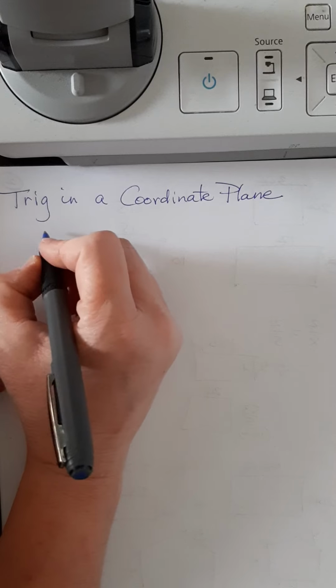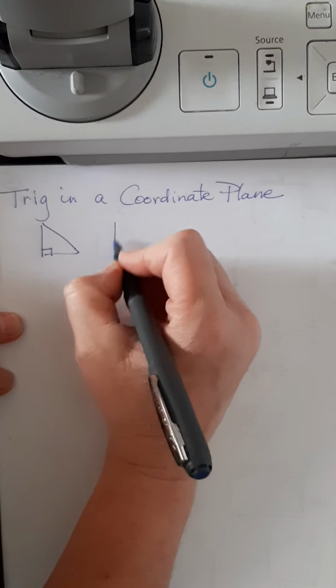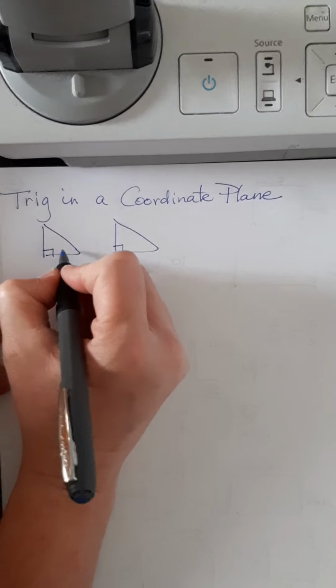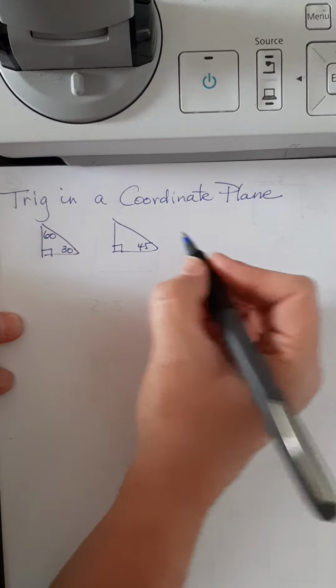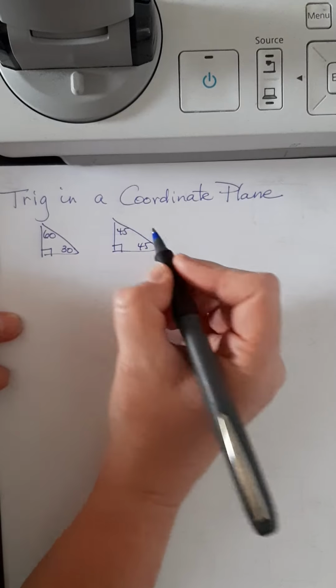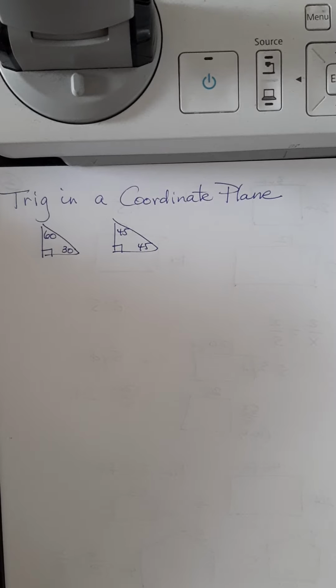Now it all goes back to your 30, 60, 90s that we did in a previous lesson, special right triangles, except in this case, we're going to work with a unit circle. And that was also a previous lesson: radians to degrees, degrees to radians, and unit circle.